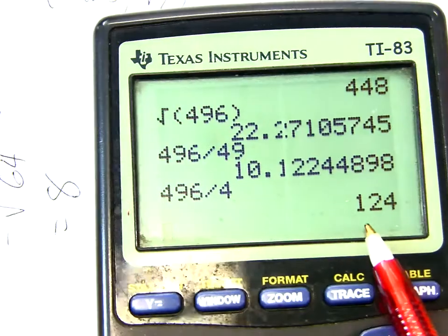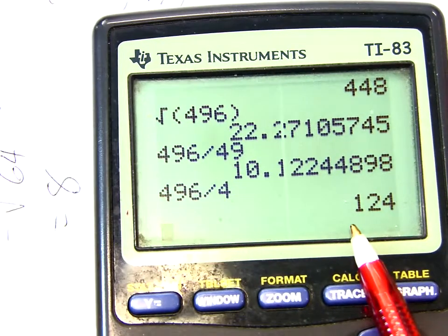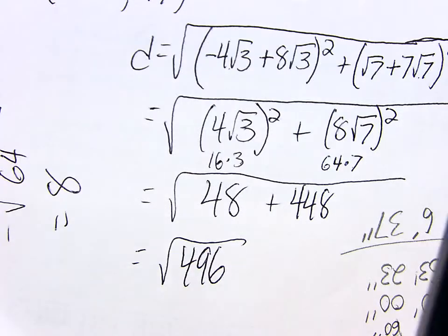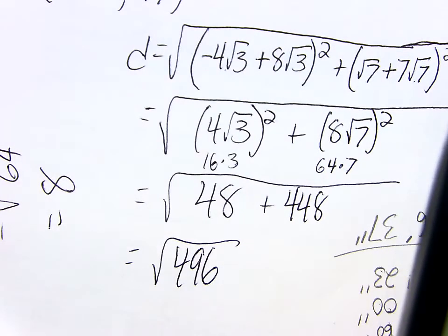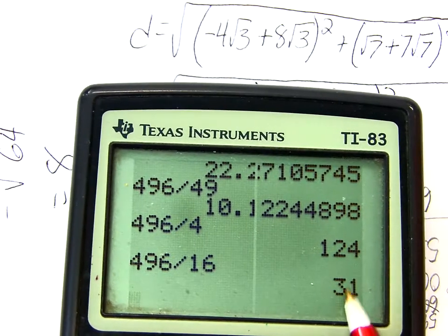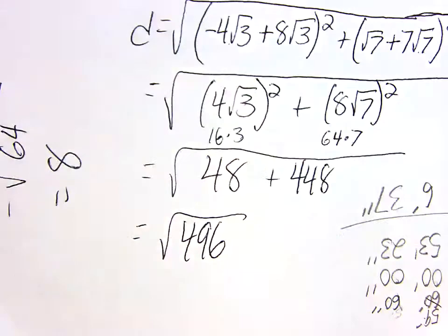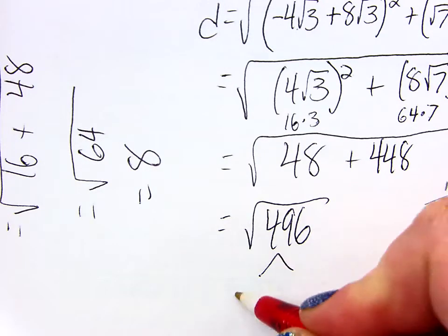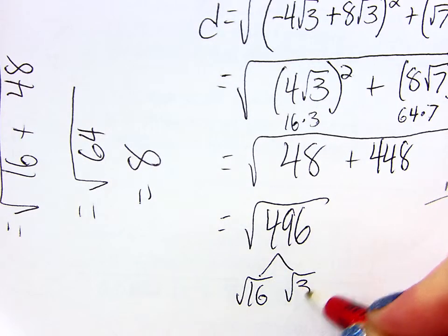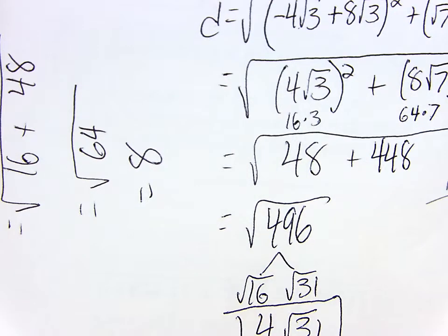I tested 4 and 124 came out. Since 124 has a factor of 4, right? That means 16 at least will go in. So 496 divided by 16, I get 16 and 31. 31 doesn't have any perfect square factors, so I know I'm done. So 16 and 31, so 4 root 31 is my final answer.